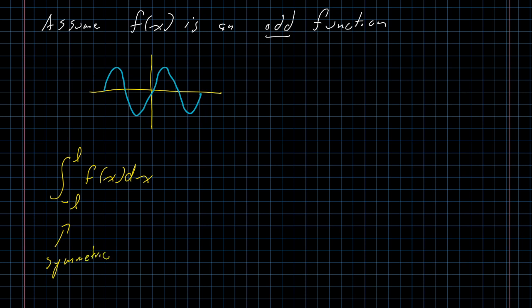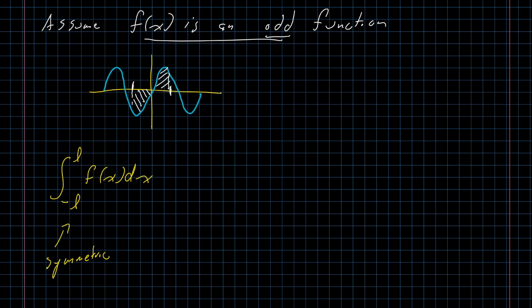And the key here is to notice that the limits are symmetric. Negative L, positive L. You are the same distance away on the left of the y-axis as on the right of the y-axis. And because we have an odd function, the shapes of these two areas are going to be the same.